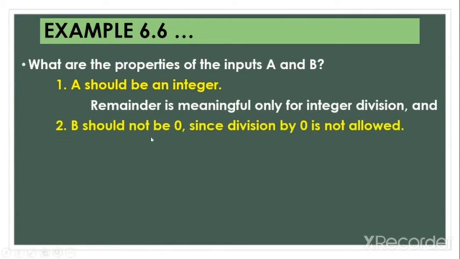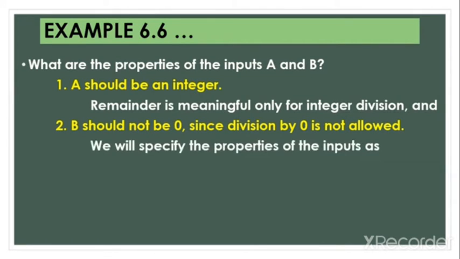And B should not be 0. So நமக்கு B 0 இருந்தா we cannot do the division here. So what are the main property of inputs na? A should be the integer and B value should not be the 0. So we cannot divide any number by 0. So that is a basic property of the divisions. We all know that here.